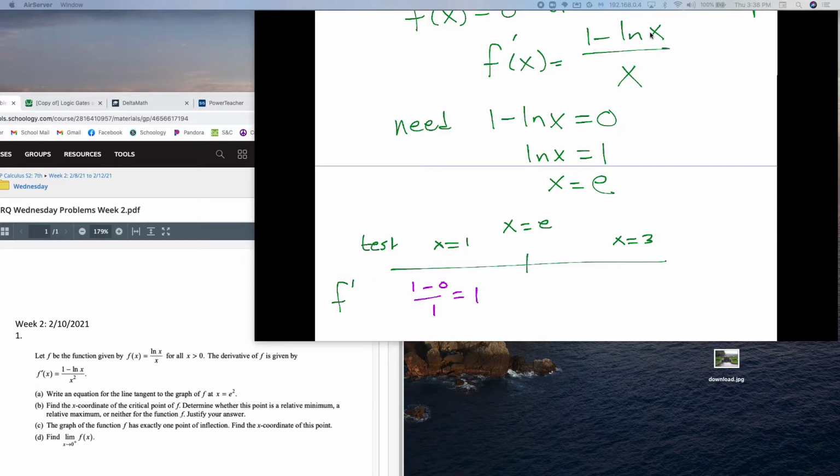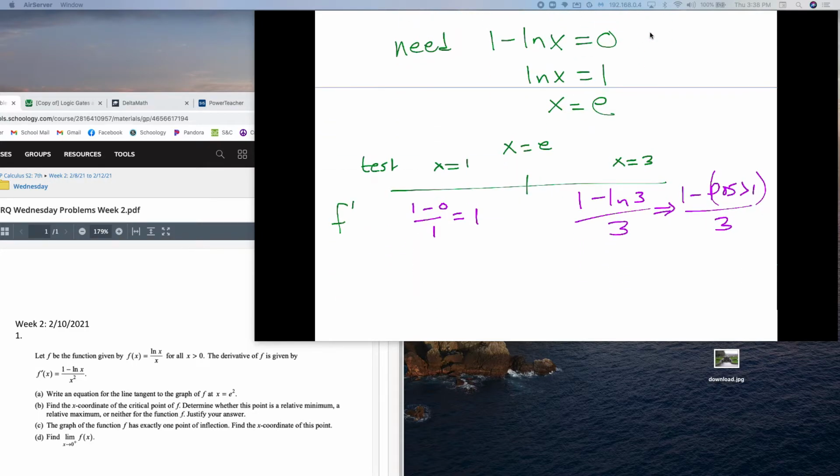I'm doing 1 minus the natural log of 3 divided by 3, which is the same thing as thinking about 1 minus a positive quantity that's greater than 1 divided by 3, which means here this is positive, this is negative.